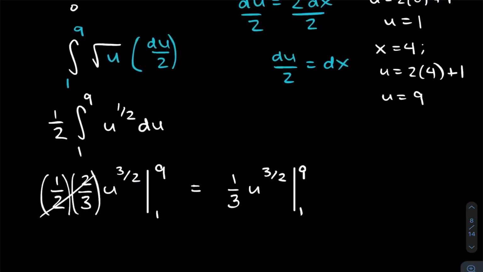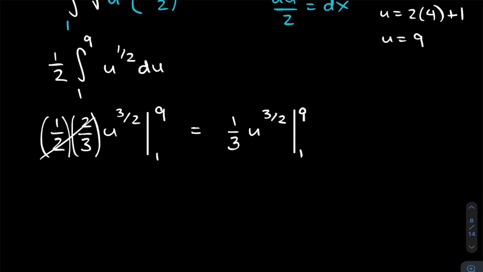This evaluation bar means that we're about to use the fundamental theorem of calculus part 2. What is the fundamental theorem of calculus part 2? Well, it states that we're going to take this antiderivative function that we got, plug in the upper bound for u, and then subtract that same function, but now with the lower bound plugged in for u.